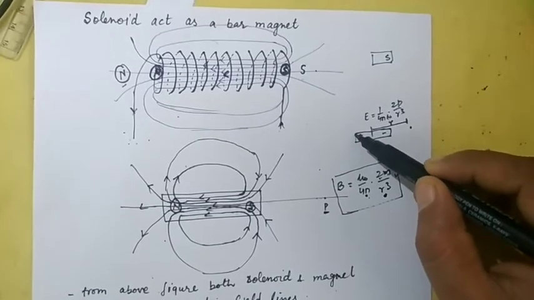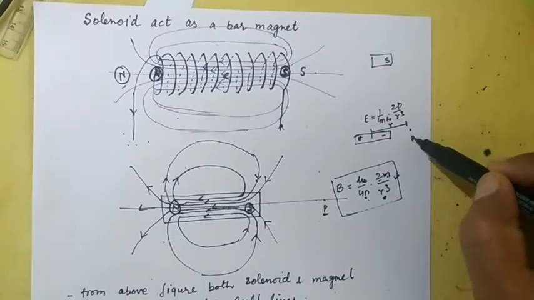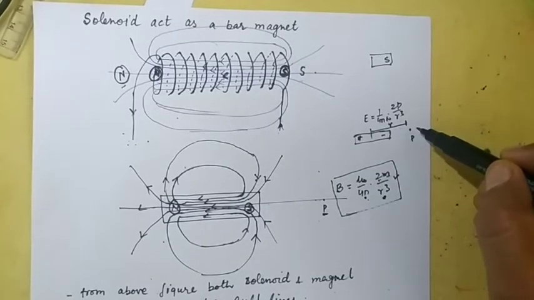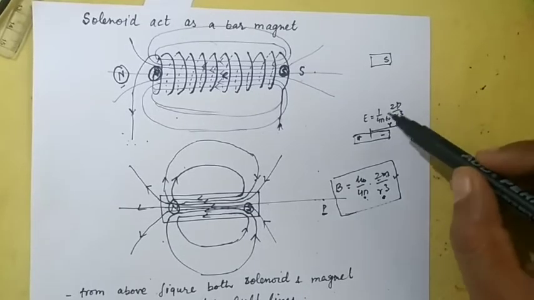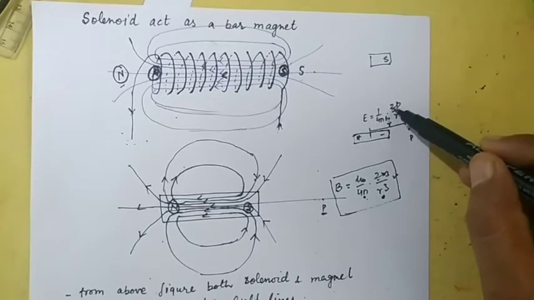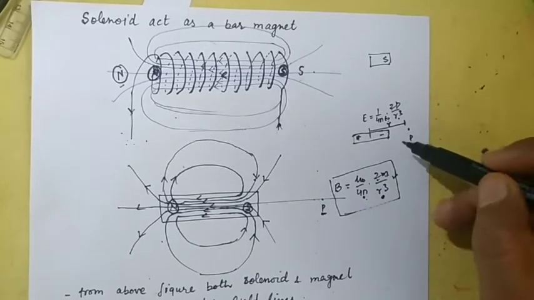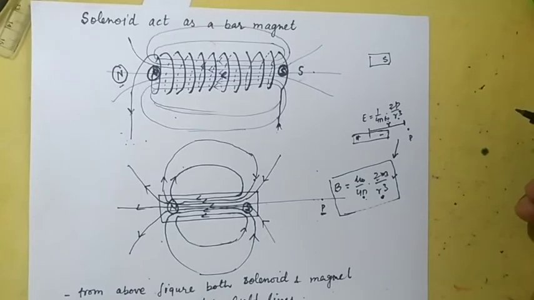That is, for an electric dipole, if this is your point P at a distance r, and r is very much far away from the dipole, then the electric field is equal to 1 upon 4 pi epsilon naught, 2p divided by r cube. Similarly, we have applied the similar relationship for the case of the magnetic field.